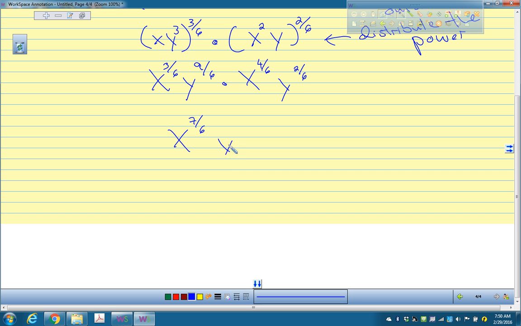How many do I have altogether with my y's? 11 sixths. Now I'm going to rewrite this. I'm going to put the 6th root out here. I have x to the 7th, y to the 11th. Can I pull anything outside of that box?